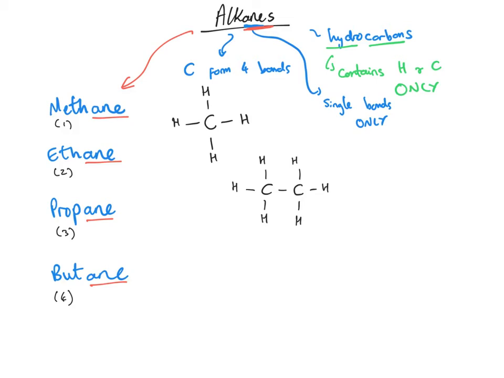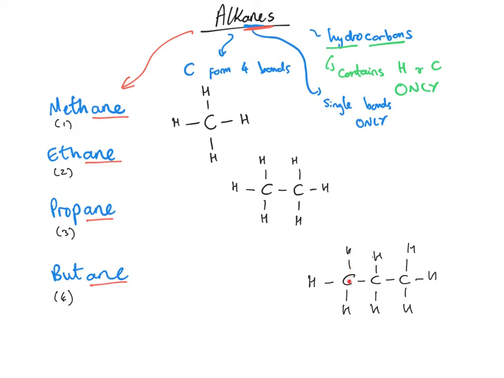Propane has 3 carbons, so 1, 2, 3, and each carbon has 4 bonds, so 1, 2, 3, 4, 1, 2, 3, 4, 1, 2, 3, 4, hydrogens all the way around. Let's check it.